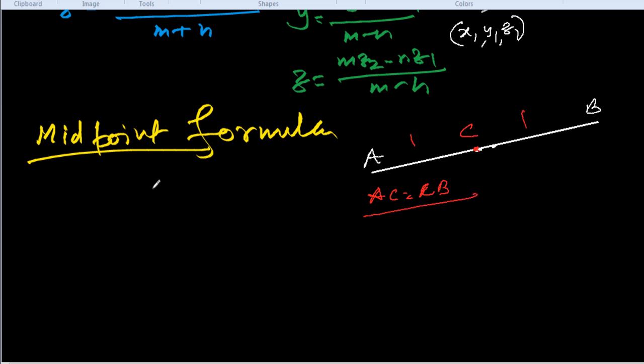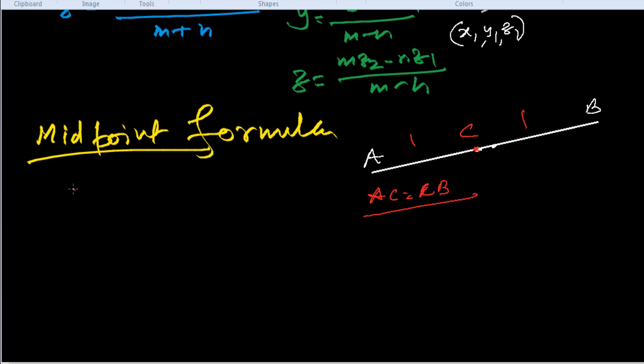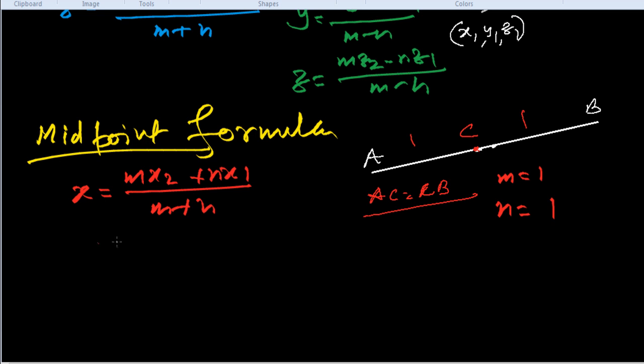If 1:1, we put it in the internal division section formula, which is x is equal to m x2 plus n x1 over m plus n. Here m and n both are 1, m is equal to 1 and n is equal to 1. So we put x is equal to x2 plus x1 over 1 plus 1.